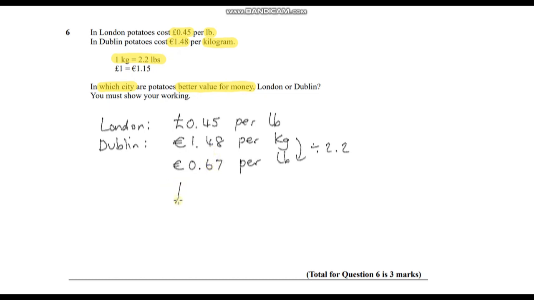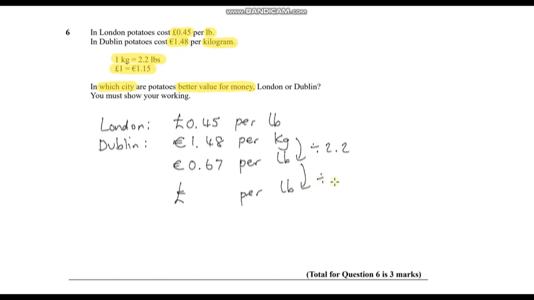And now we want to work out how much that costs in pounds per pound. So now we're going to look at our other conversion between pounds and euros. There are 1.15 euros to every pound. So we are going from euros to pounds, and we're going to divide by 1.15. Let's write that down.